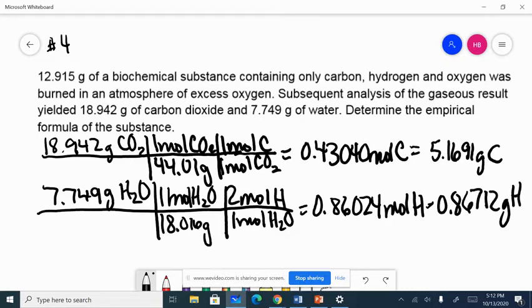So now we know we have 12.915 grams, which is carbon, hydrogen, and oxygen.